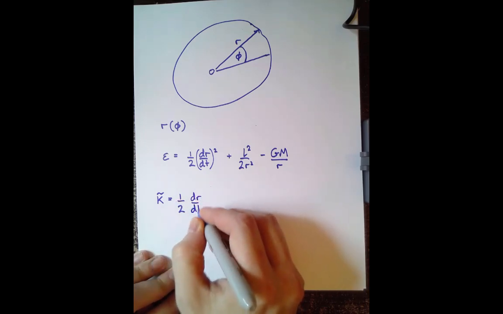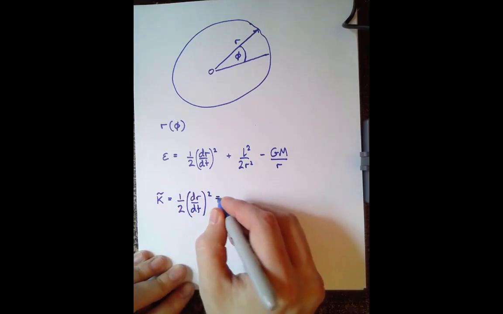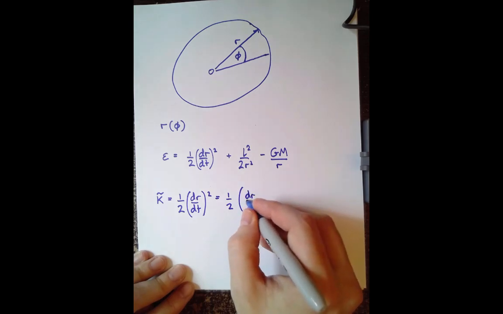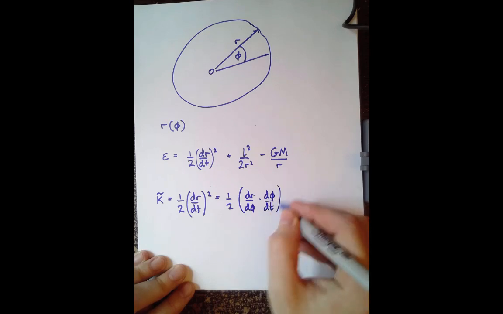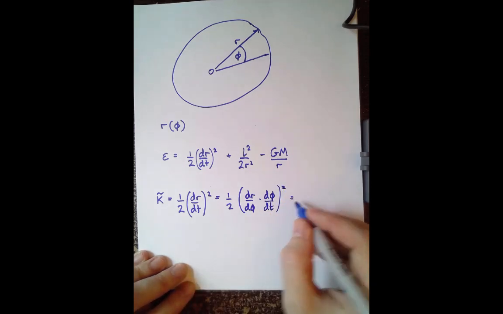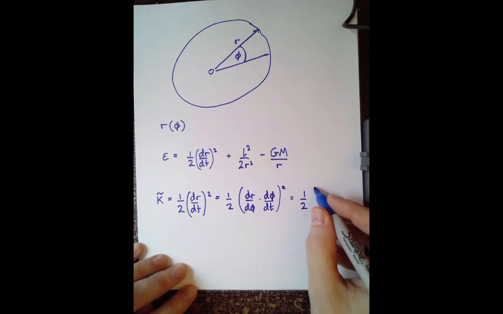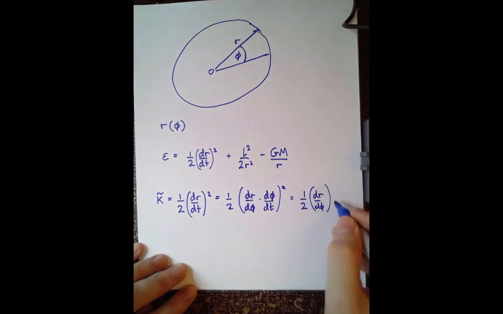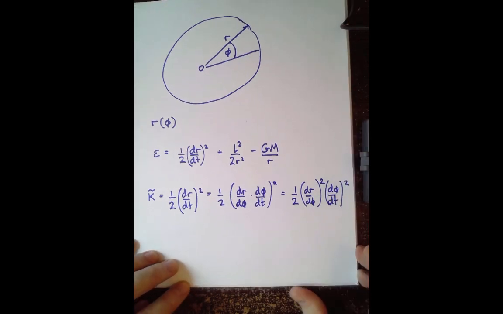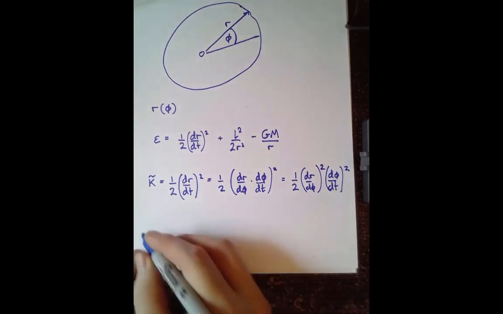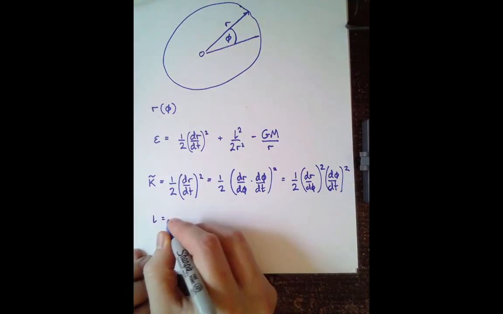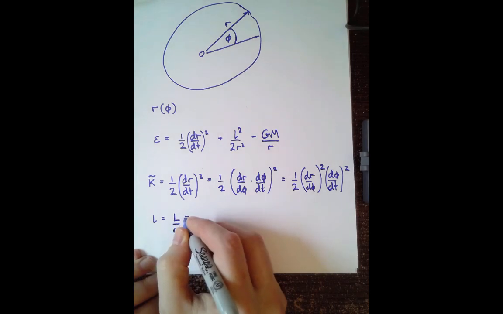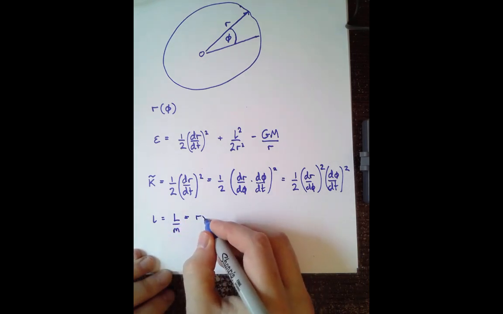So the radial kinetic energy, K tilde, which is (dr/dt) squared over 2, we can write as 1/2 (dr/dphi) squared times (dphi/dt) squared. Then let's go back to our definition of little l, which is big L over m, and that is just r times v phi.